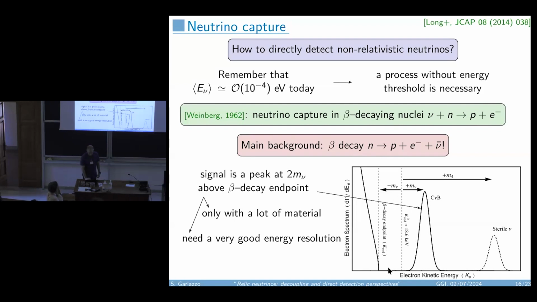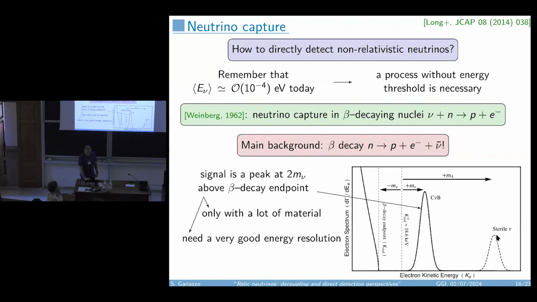The separation between the endpoint and the peak is approximately twice the mass of the lightest neutrino. So in principle, we just have to achieve a very good energy resolution. The peak is very small, so we also have to achieve a big detector with a lot of decaying material, which is not trivial, but I will discuss it later.